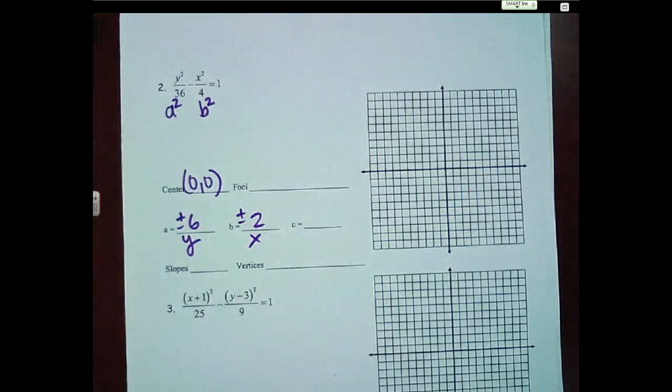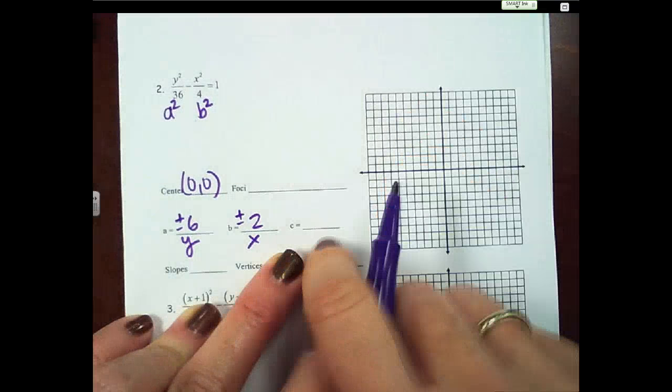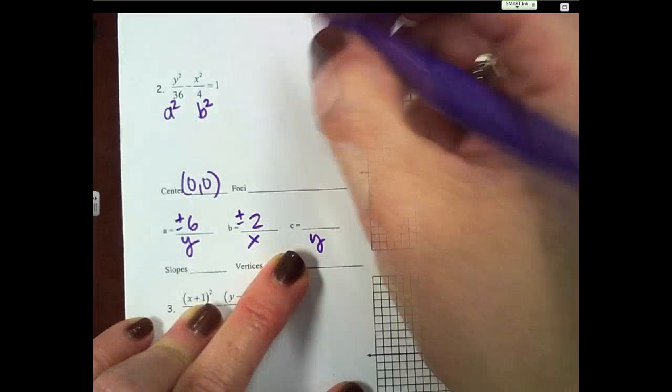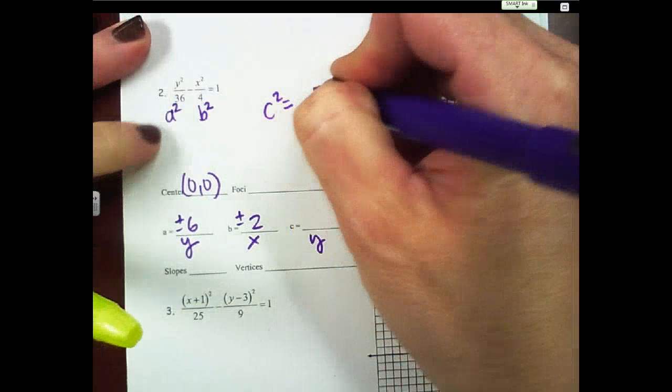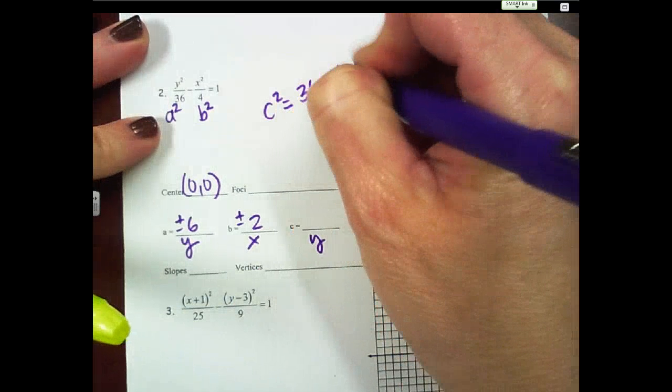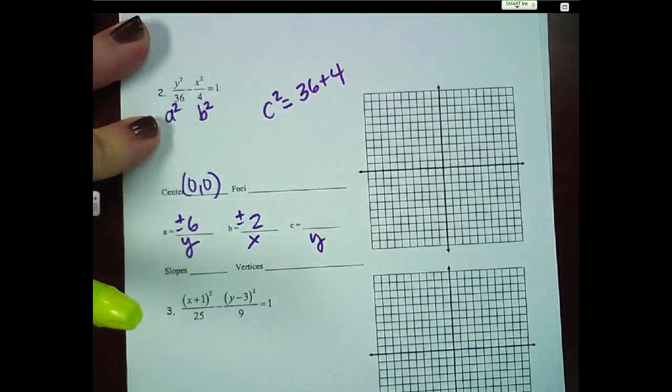C is the distance from the center to the foci. In other words, how far do they drag that foci out from the center? The farther they drag it, the skinnier or more narrow, it just depends on which way they go with each one. So this belongs to y, and to find c, we take c squared equals, and we add them now. 36 plus 4, A squared plus B squared.